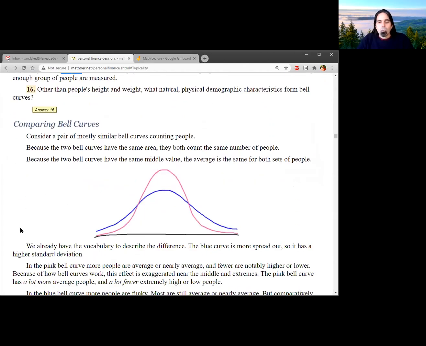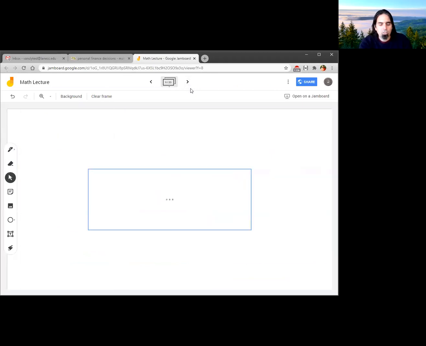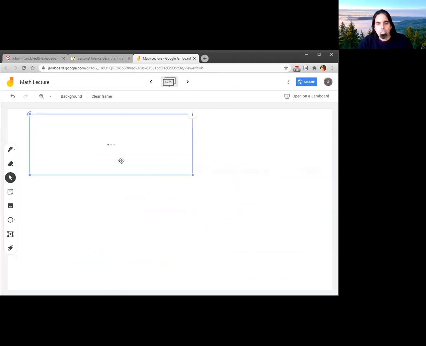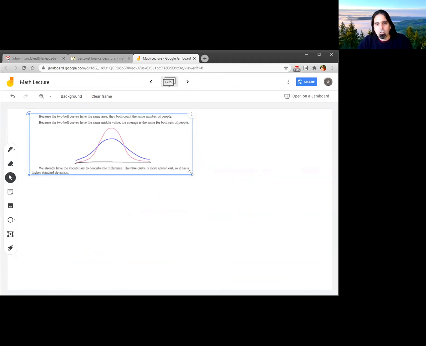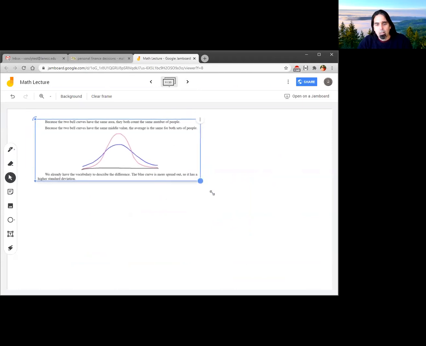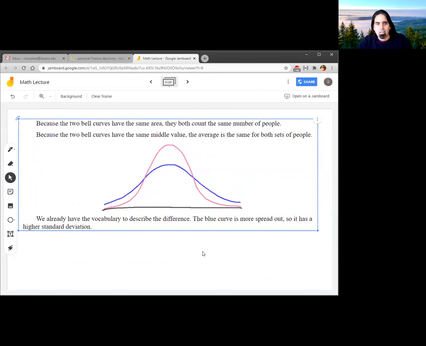So here are two bell curves, and I want to compare them. Let's look at what's happening here. If I've drawn these right, we're looking at two bell curves that are pretty similar populations, whatever these happen to be measuring, but one is more spread out.